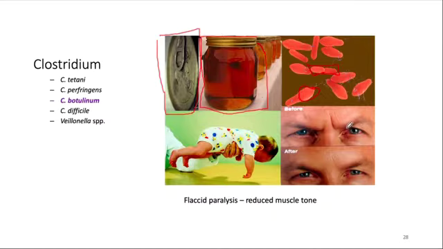Botulism results in a disruption of the transmission of nerve impulses and causes what we call flaccid paralysis, with reduced muscle tone. Here is the individual before having the paralysis and after. It could become very serious. It could lead to respiratory or cardiac failure and even death.